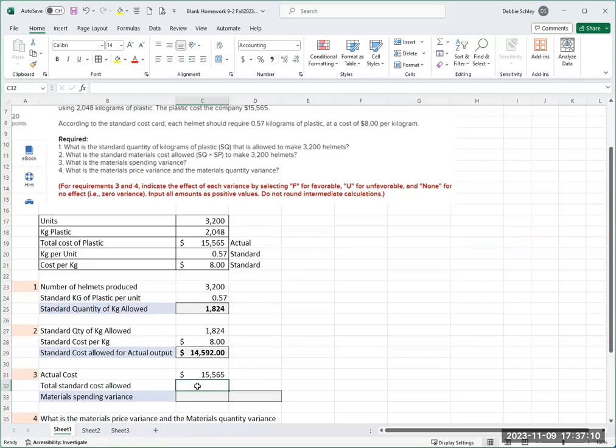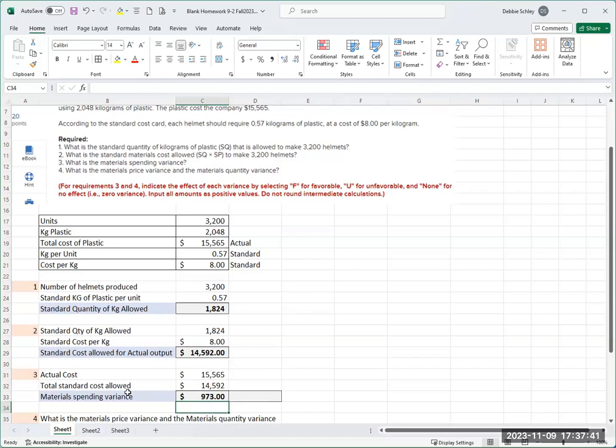And then we are going to take the answer to number 2, the standard cost allowed. And so the material spending variance just means the difference, this minus this. So there's my spending variance.